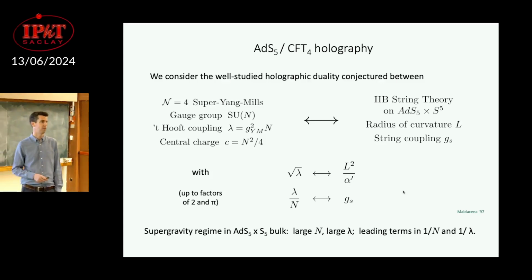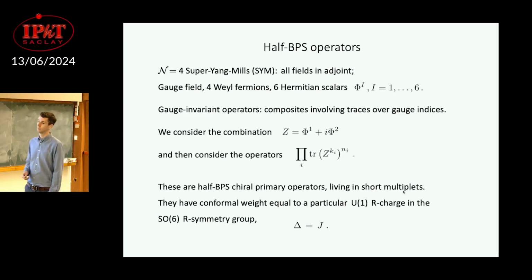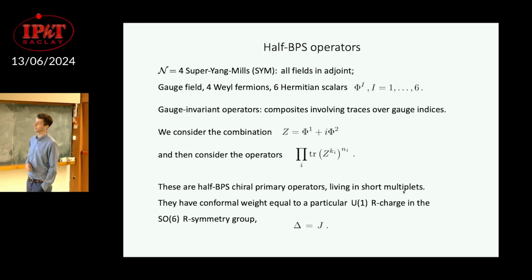I'm interested in a subset of half BPS operators. So as we heard yesterday, thanks Samir, the field content of the gauge theory is that we have all the fields in the adjoint representation. We have a gauge field, four Weyl fermions, and I'll be focusing on a subset of the 6 Hermitian scalars. The gauge invariant operators are composites involving traces of gauge indices.